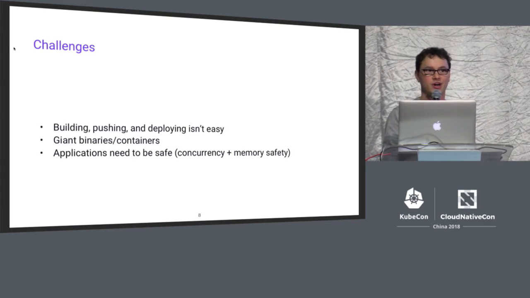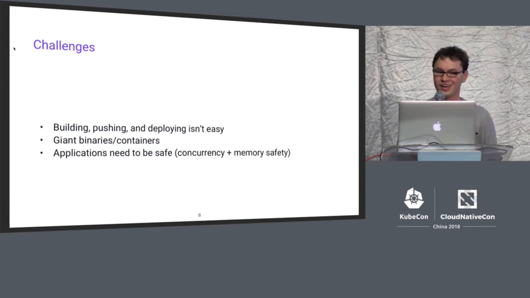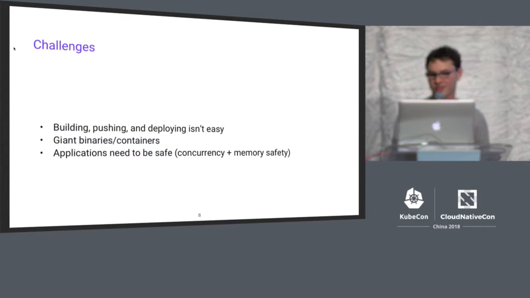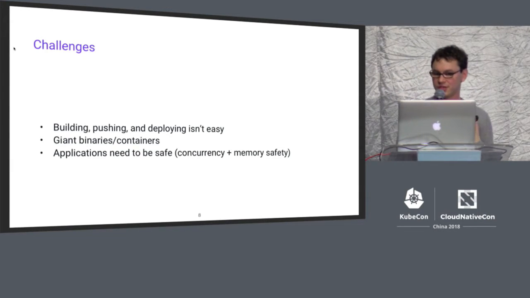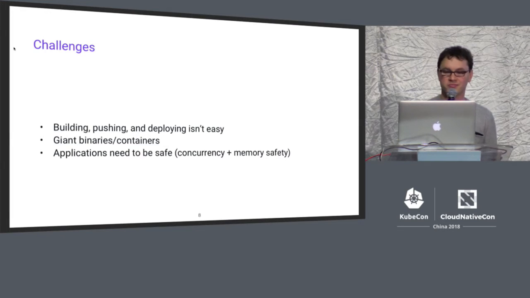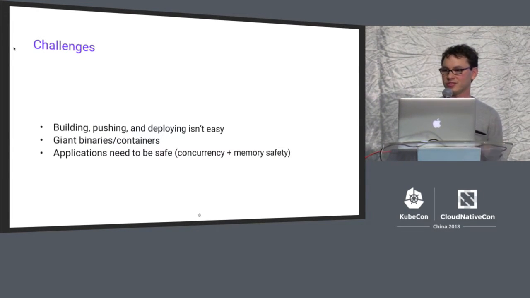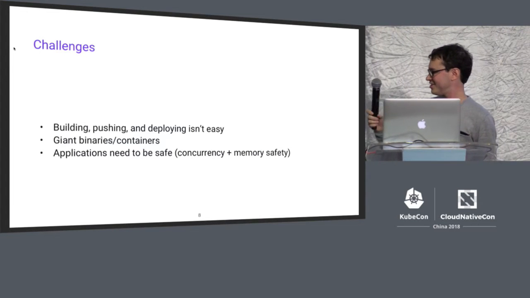It could be minutes to hours, which isn't nice. And it still doesn't solve the problem of safety. You still have to make sure that your applications are safe, both when we talk about concurrency and also memory safety. So the tools that we will introduce today help you deal with all of these problems. And Gilbert will talk about them a little bit.